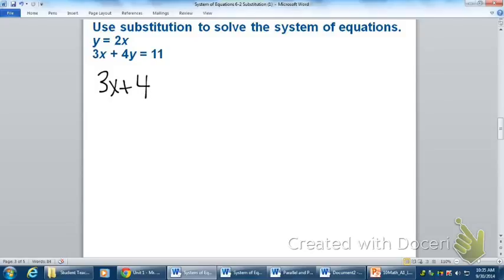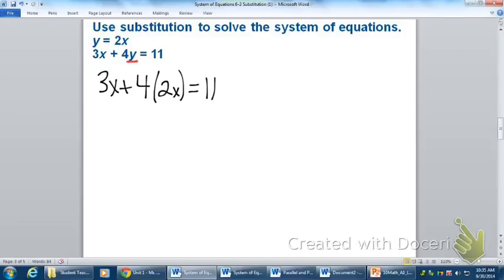Now, make sure whenever you substitute these numbers in, or this equation in, you use parentheses. So this is going to be 2x, is equal to 11. All I did was substitute 2x in for our y, because I want to figure out what the x value is first.